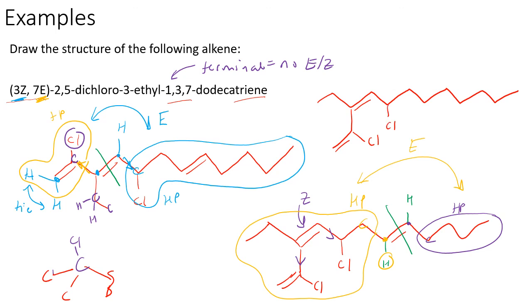And when you redraw something, this is a good point to make: make sure that you are rechecking that you're putting your double bonds and your substituents back on there in the right spot. So 1, 2, 3, 4, 5, 6, 7, 8, 9, 10, 11, 12. Okay, I got that. So my double bonds are still at 1, 3, 7. Now I have the correct stereochemistry for 3 being Z, 7 being E. And that would be my final answer for this alkene.